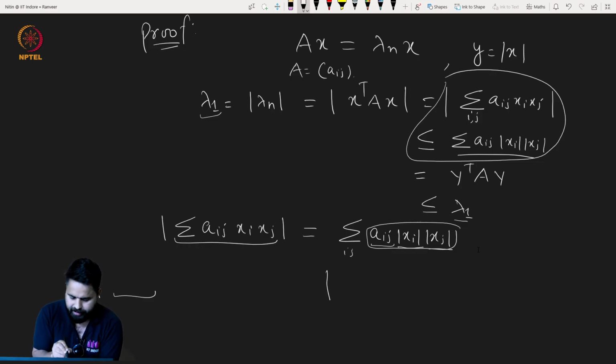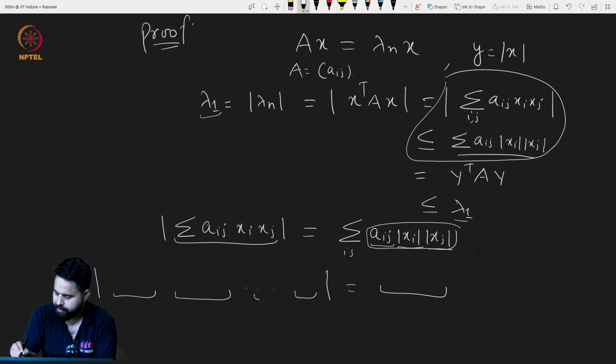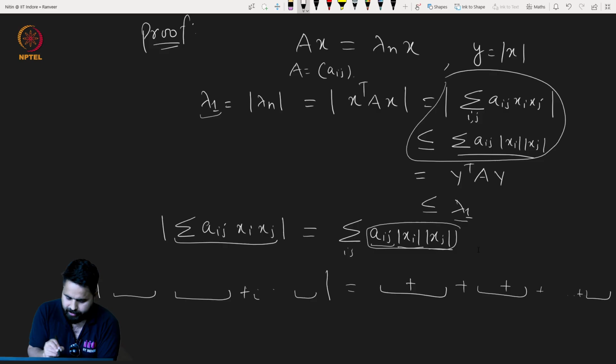So these terms, and so on, and there are also the same terms, and so on, plus those terms. All these are plus. Now, in fact, let me write, this will be plus plus, and so on.